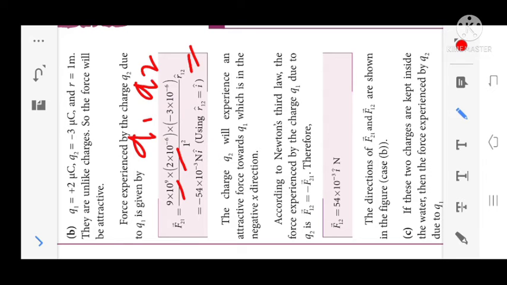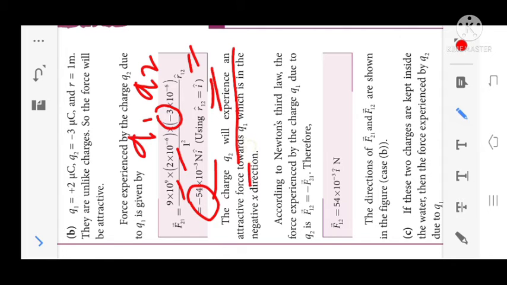So here we have to use 54 into 10 power minus 3, the same value found in the previous case, but here we have a negative sign. The only term that differs is the r12 direction, which is along the positive x-axis. So here we use plus i cap.